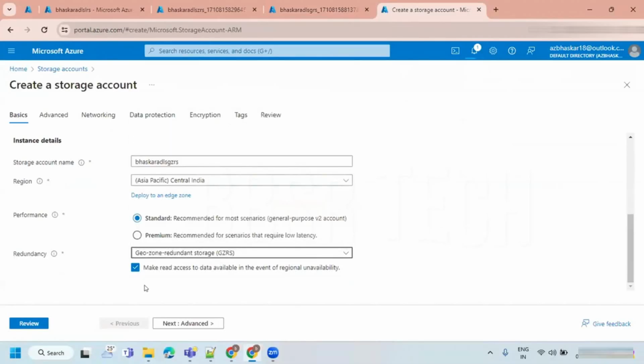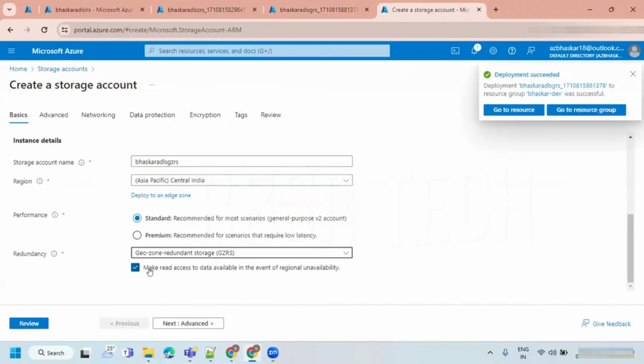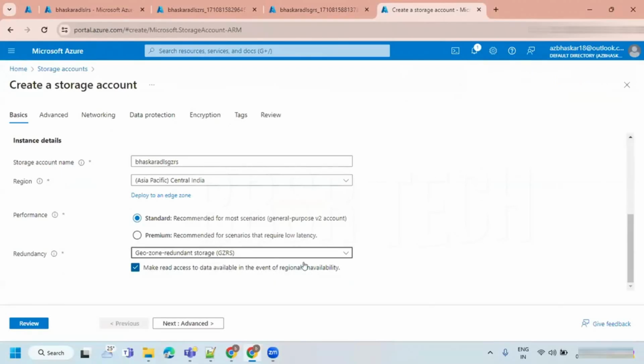There is one checkbox here: make read access to the data available in the event of regional unavailability. It means if my primary region is not available and you check this checkbox, you can read the data from the secondary region. If you don't check it, you cannot read it automatically.